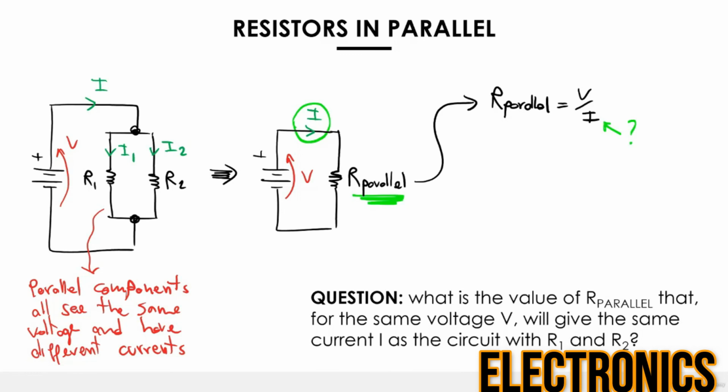So similar to what we've done before, we're going to use the circuit on the left, the first circuit, to calculate the value of I relative to V using Kirchhoff's law and Ohm's law. Once we've done that, we'll replace the value of I into this equation. Because I will be dependent on V, V will simplify, and in the end we'll just have a value of R parallel which uniquely depends on R1 and R2.